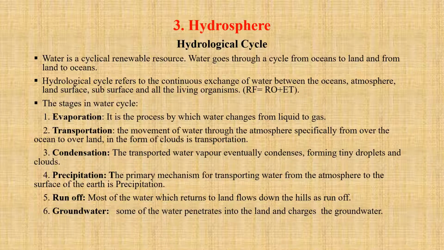That is called runoff. The next and last stage in the hydrological cycle is groundwater. When rainfall occurs, it flows on the surface of the earth, and some of the water penetrates into the land and charges the groundwater.